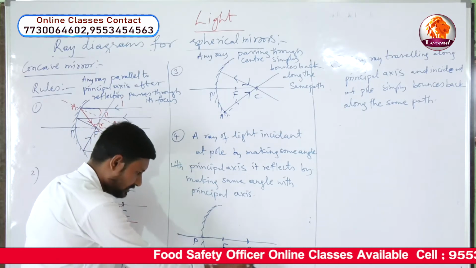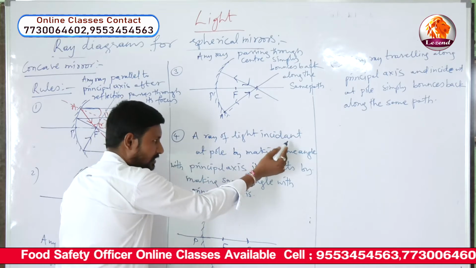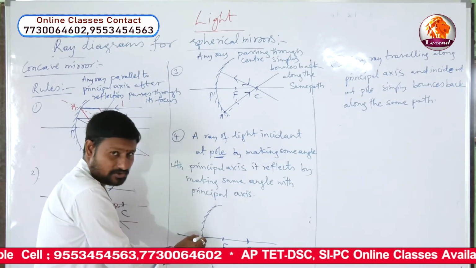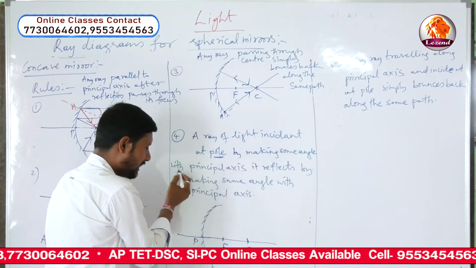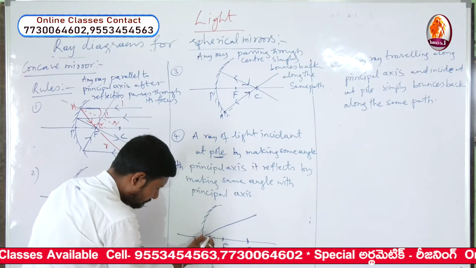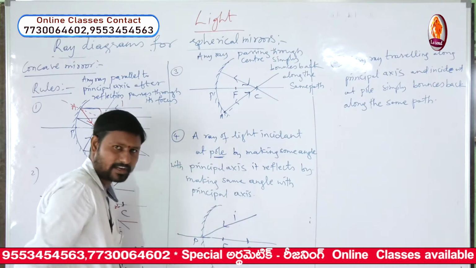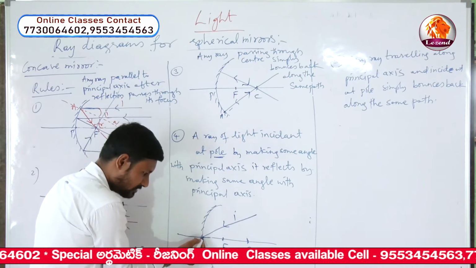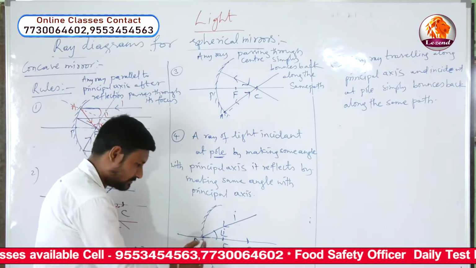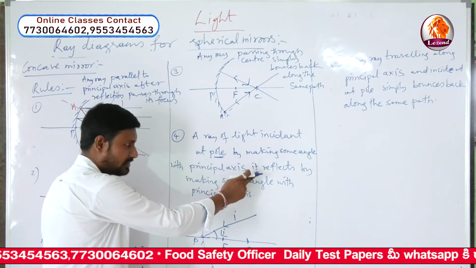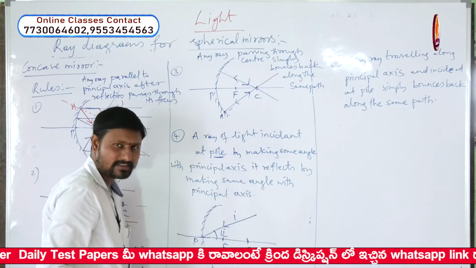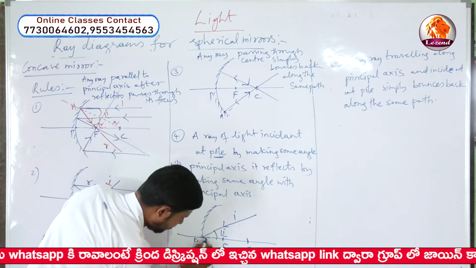Now, any ray incident at the pole should be incident making some angle with the principal axis. I am drawing an incident ray like this. This incident ray is incident at the pole making some angle, let us suppose i, then it reflects making the same angle with the principal axis, which means it is reflected like this.